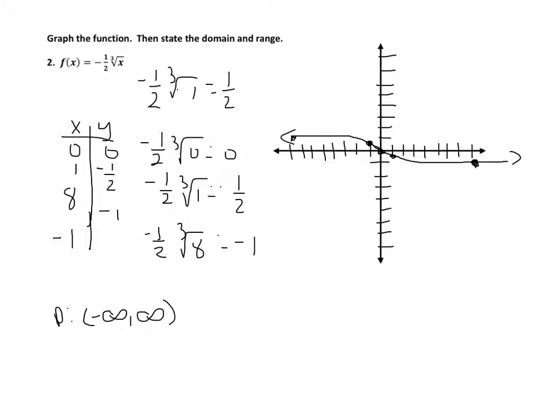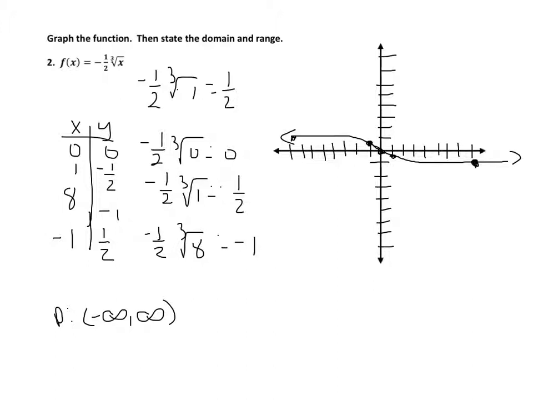And you can always check on your graphing calculator to make sure you're getting the good shape of it. But see how I plotted all those points and graphed it. Okay? Now the range. It looks like it's getting flat, but if you plugged in 1,000,000, you'd get -100.